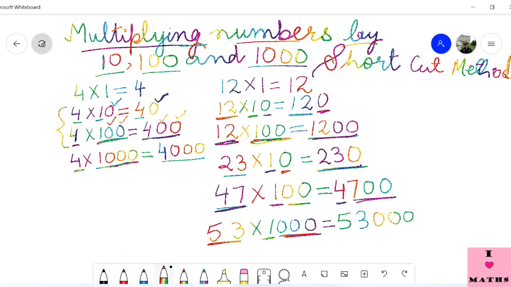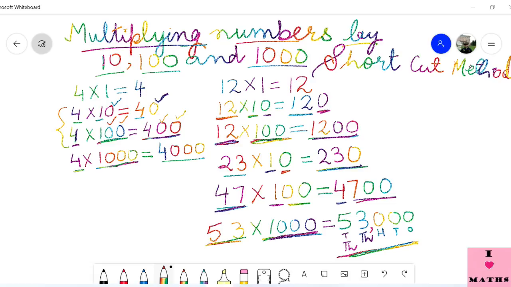Now this is quite a big number and this we will read like this: ones place, tens place, hundreds place, thousands place and 10,000s place. So this number is read as 53,000. So 53 into 1000 is 53,000.